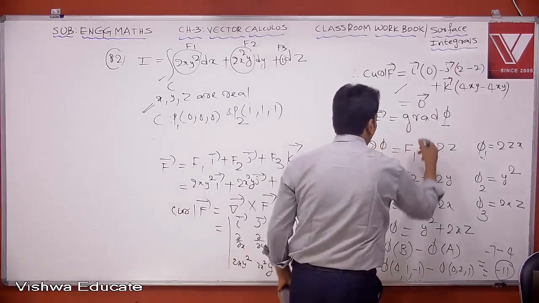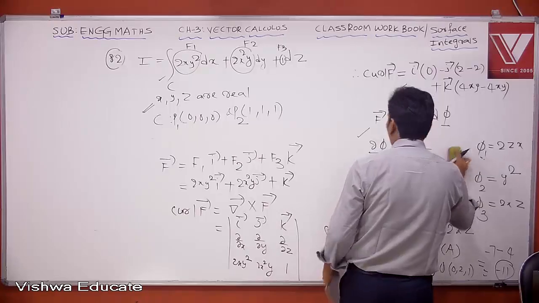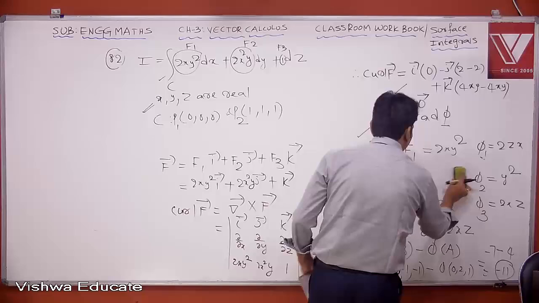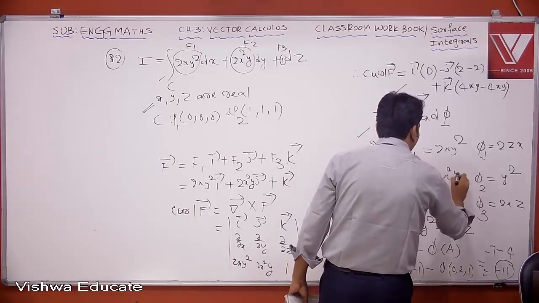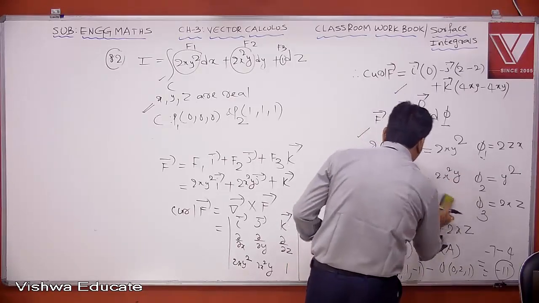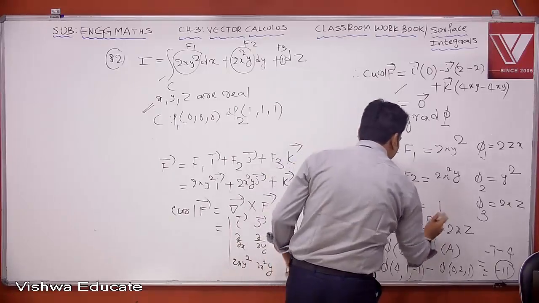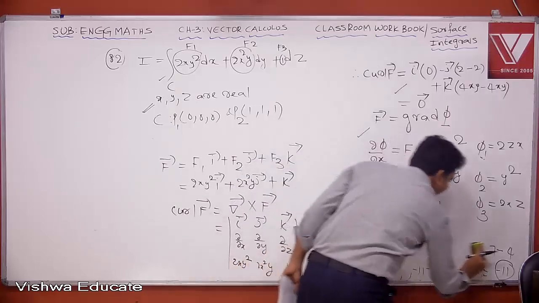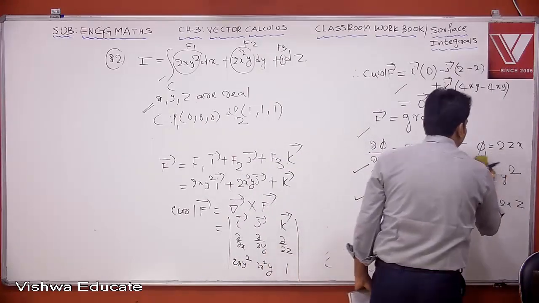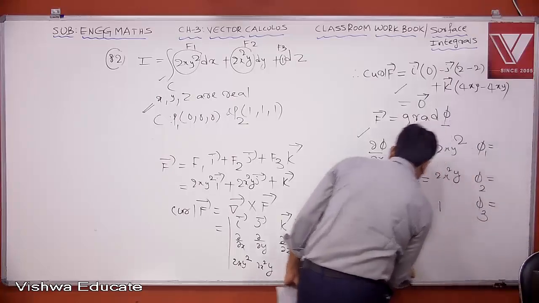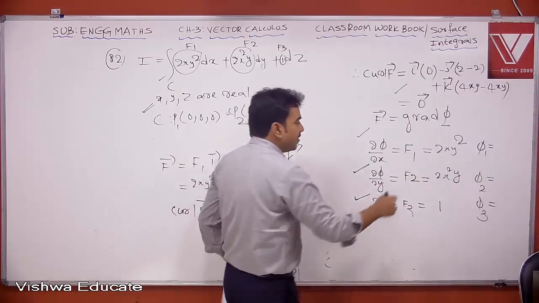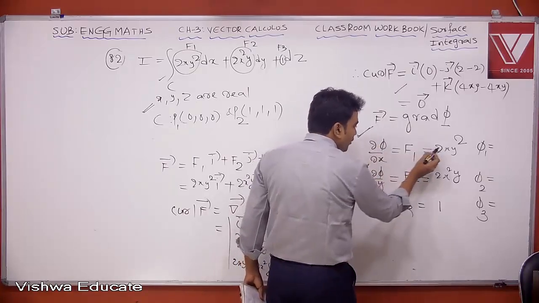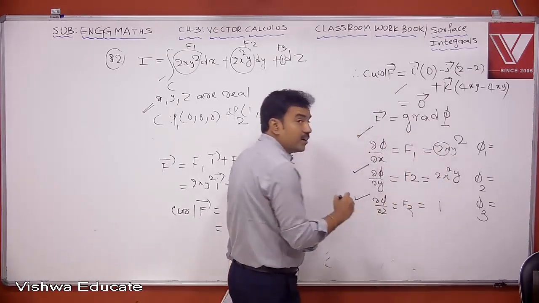Therefore, F bar equals grad phi: dou phi by dou x equals F1, which is 2xy square. Dou phi by dou y is F2, which is 2x square y. Dou phi by dou z equals F3, which is 1. Now let us find the value of phi in terms of x, y and z. Let us concentrate on phi 1, phi 2, phi 3. Phi 1 is obtained by solving dou phi by dou x. When you integrate with respect to x, the x square term will come.